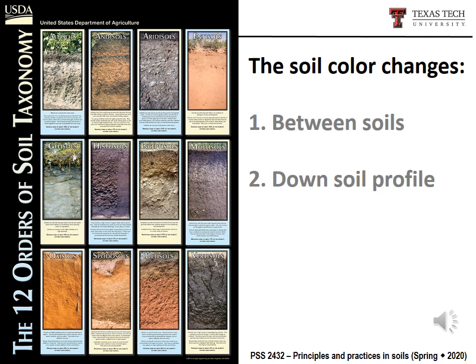The A horizon is brown and the B horizon is red. Okay? And the idea is the soil color will change between soils and down the soil profile. Okay? This is the idea.